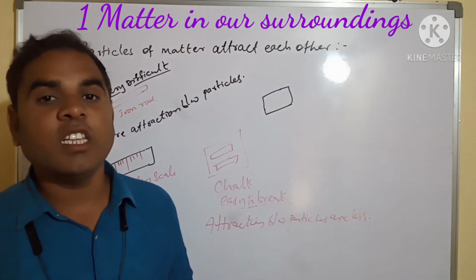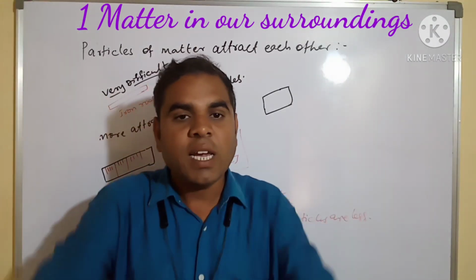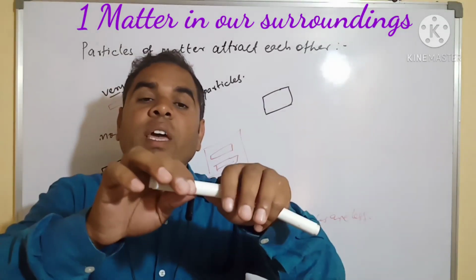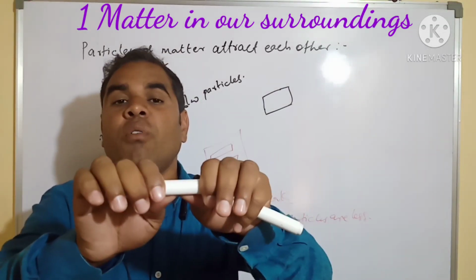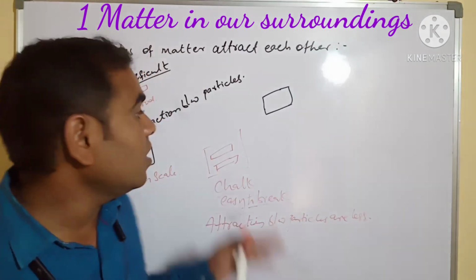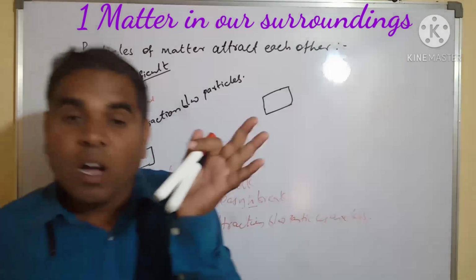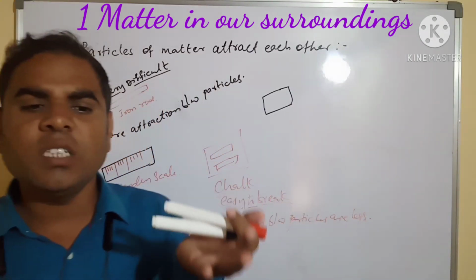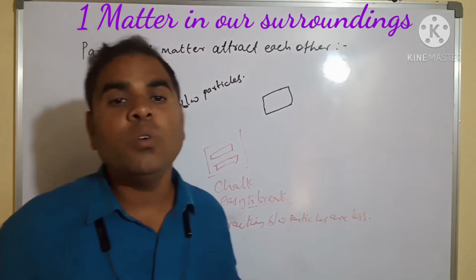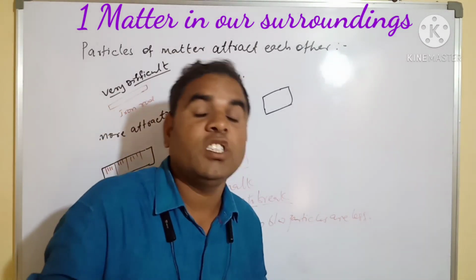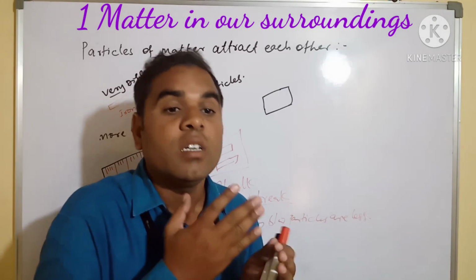See this marker, its particles are very close to each other, so it is very hard to break down. But chalk pieces, wooden scale, wood are easy, and some matter is very hard to break down.